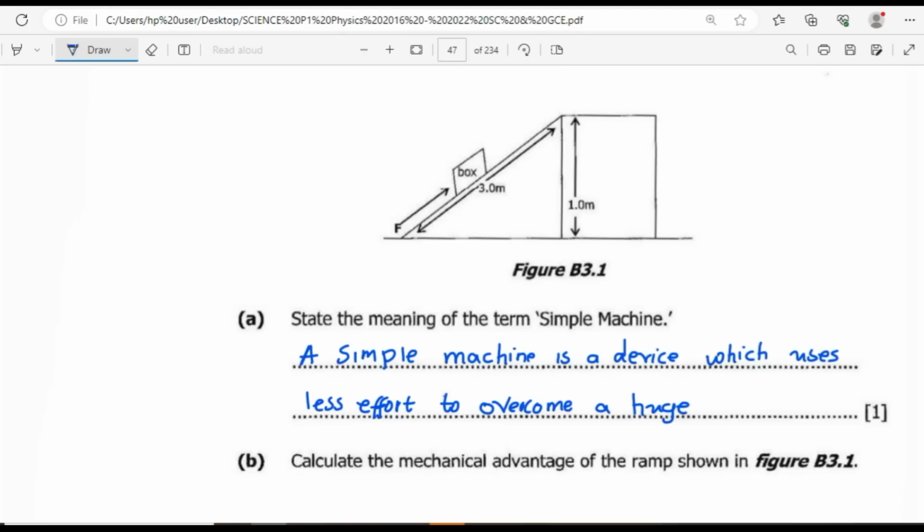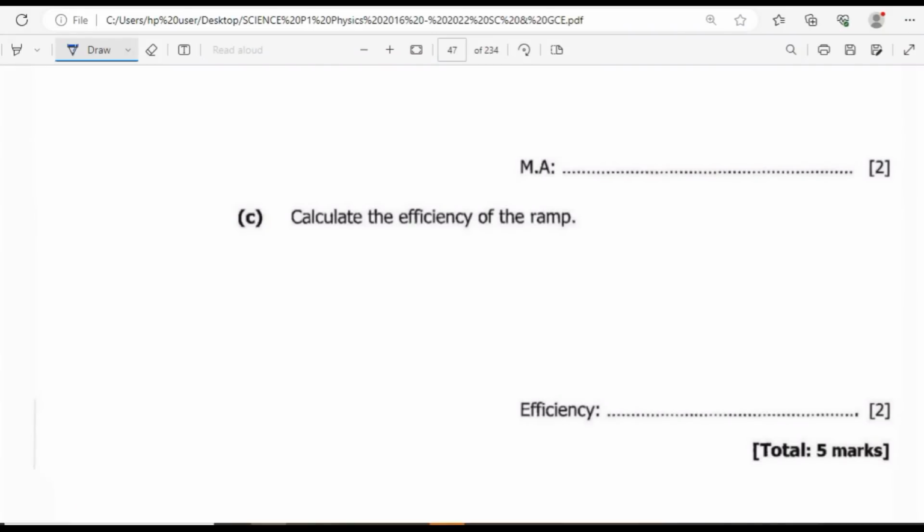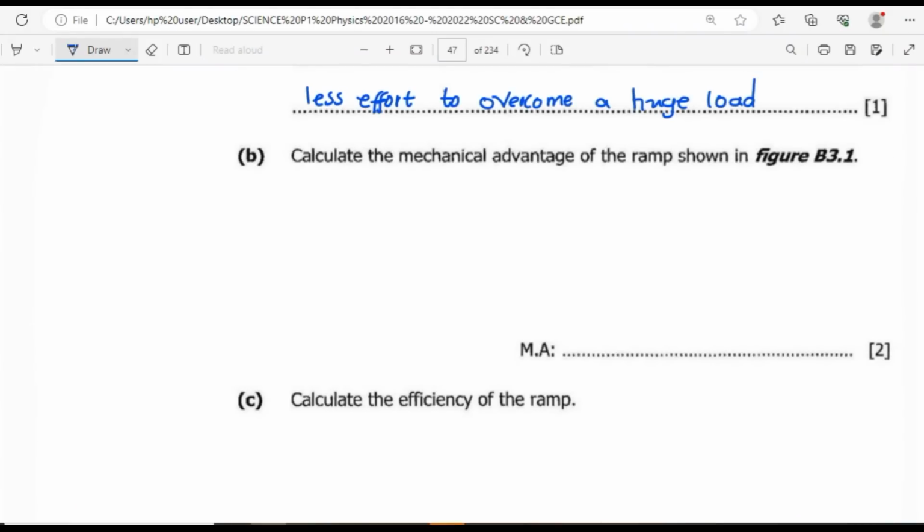So in a simpler language, we just say a machine is a device that makes the work to be easy. Then calculate the mechanical advantage of the ramp.